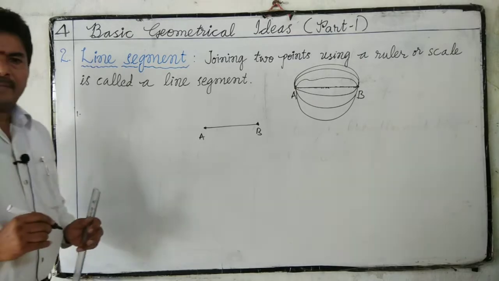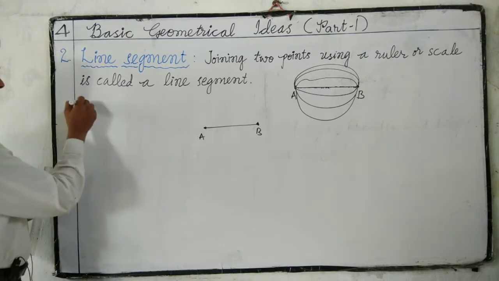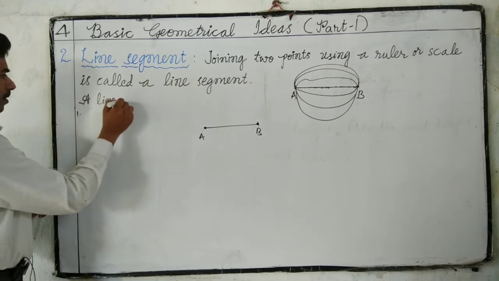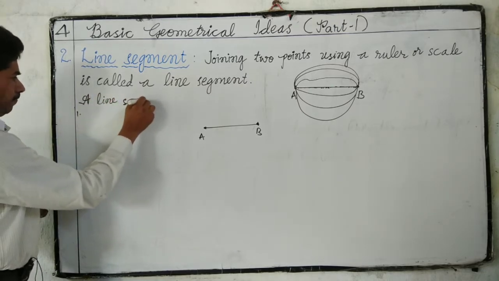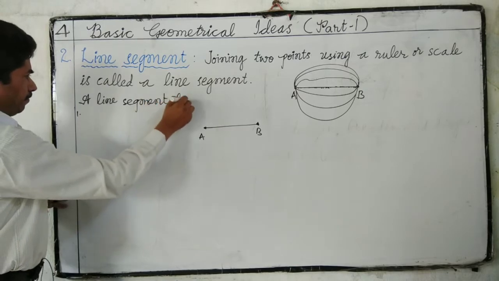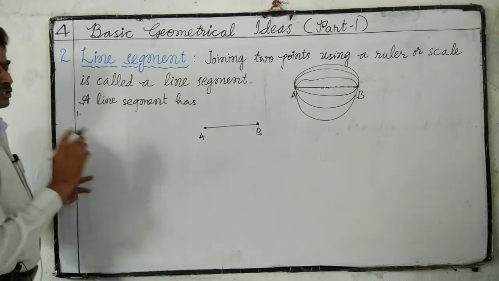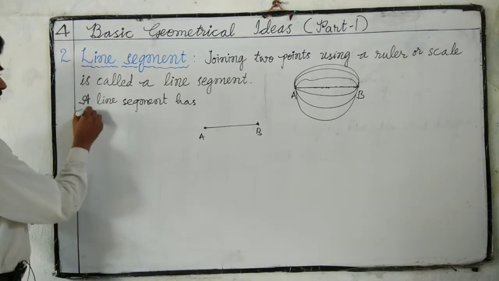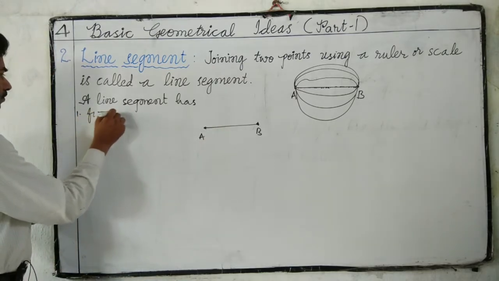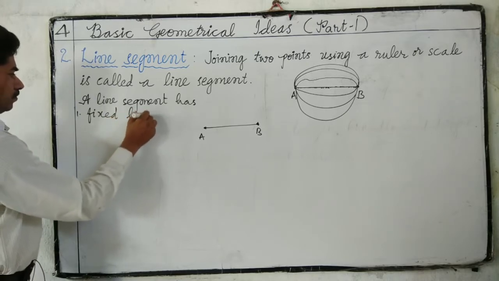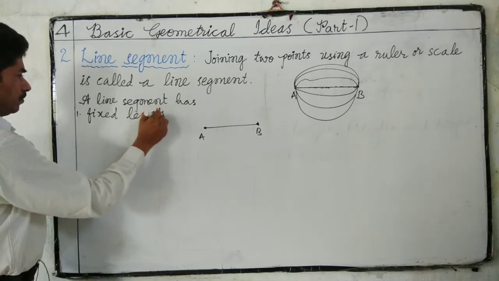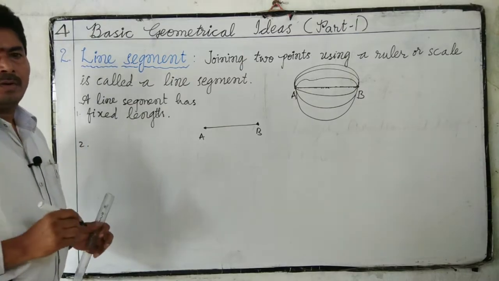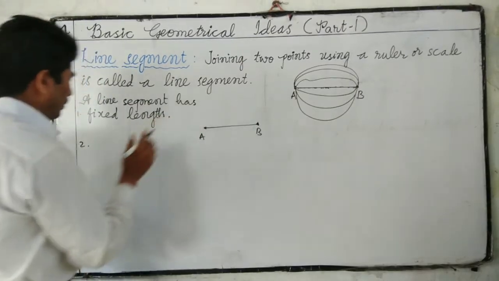A line segment has fixed length, and it has 2 endpoints.